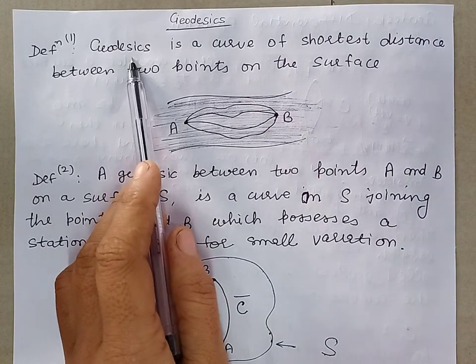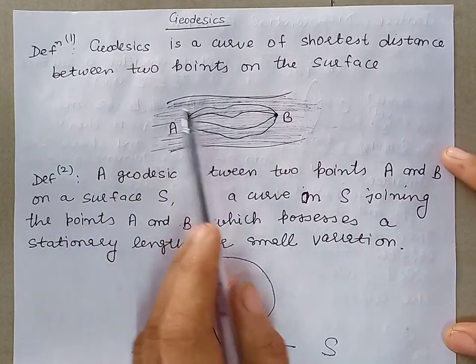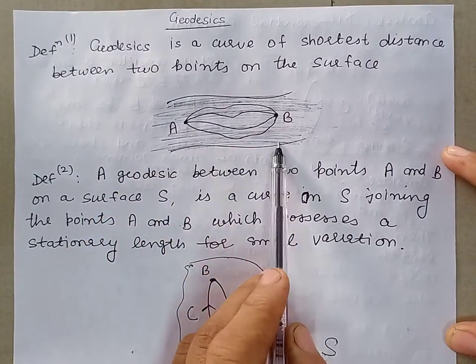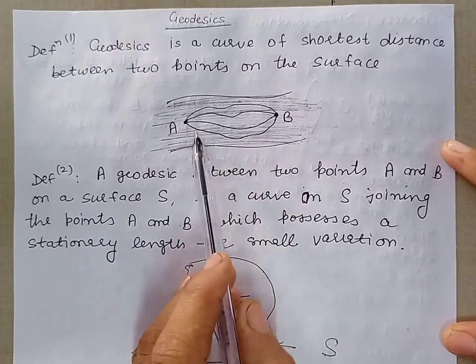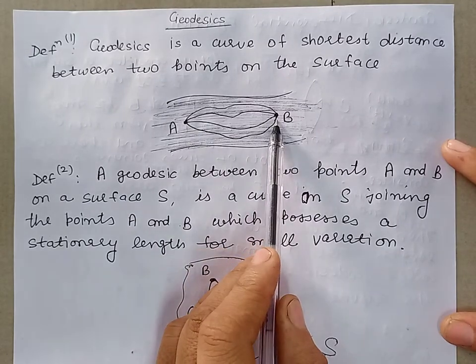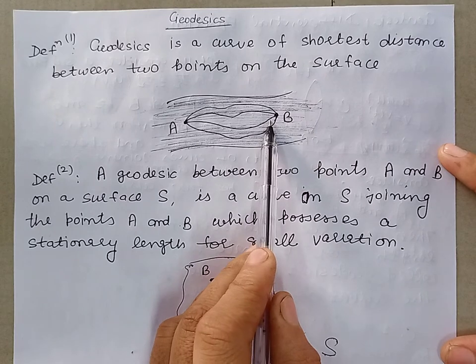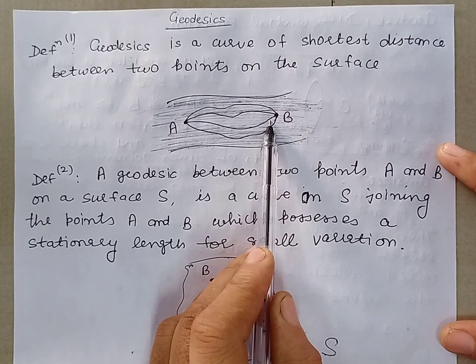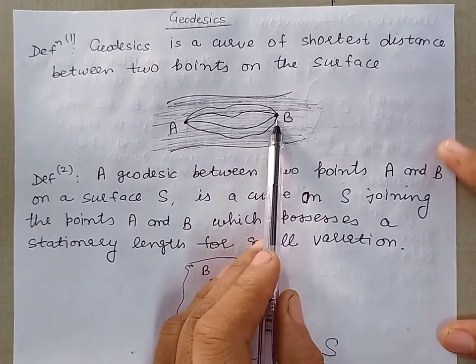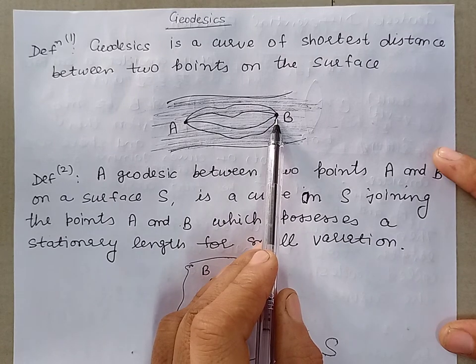So what is a geodesic? If we take a surface and take any 2 points on the surface, here A and B are 2 points on the surface, then we can join these 2 points by a number of curves.